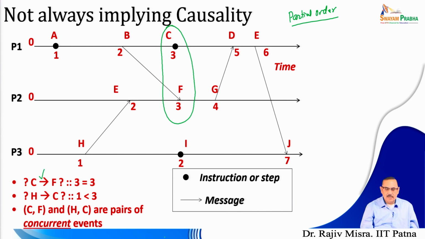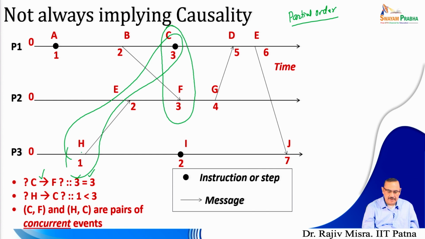Although their values are the same, we cannot infer anything. Why? Because C and F are not related, therefore, their clock values have no meaning. Similarly, H and C are not causally related, therefore, their clock values, even if H is less than the clock value of 3, do not have any significance and they are not obeying causality. Therefore, we cannot infer anything from their clock values.